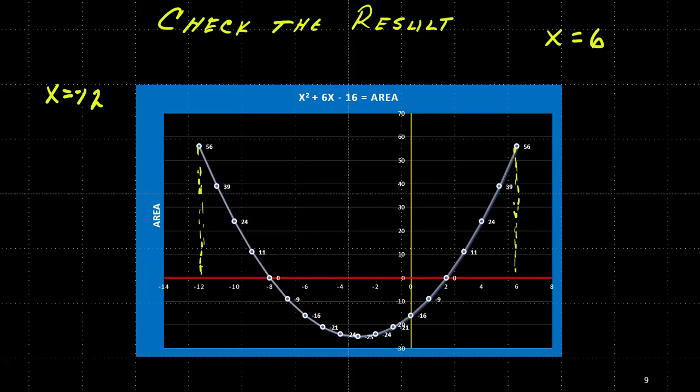So if we drop down from 56, that's the area of the rectangle that we were looking for, and we just follow that vertically down to the x-axis. There's my x equals 6, and we just drop this one all the way down to the x-axis. There's my negative 12. So this is the way we can check our work, right? If you graph the equation, that will always give you a really good check on whether you did the work correctly or not.